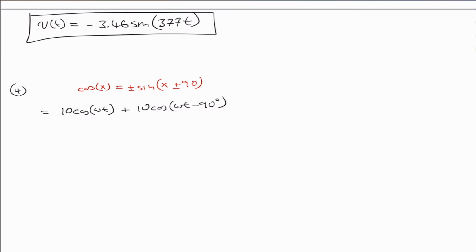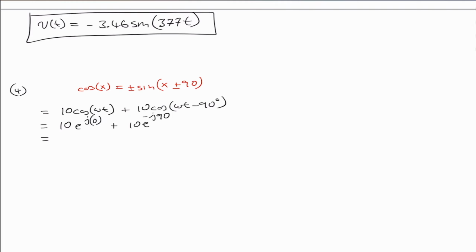We can then convert that to the phasor domain, using our time domain to phasor domain relationship as always. So it's e to the j 0, because we don't have any angle for the first term, plus 10 times the complex exponential e to the j minus 90.